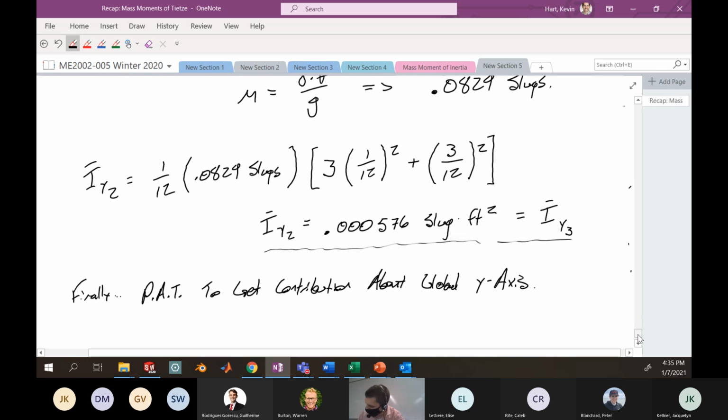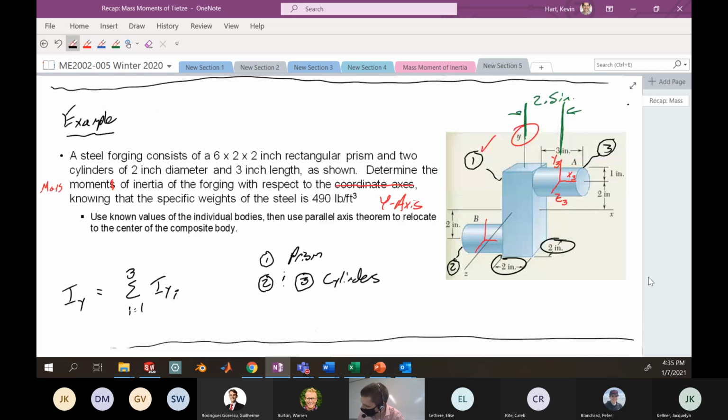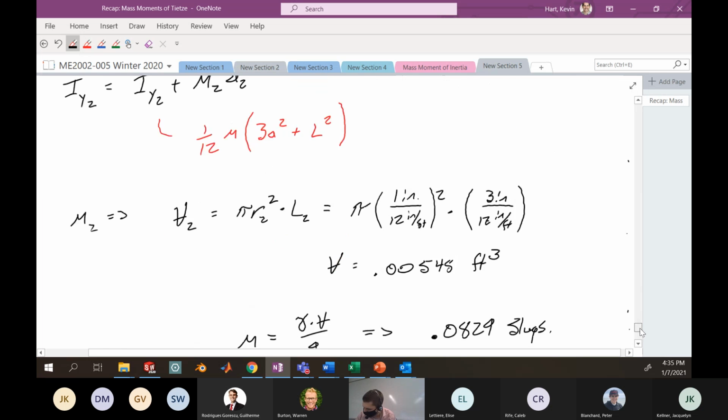And if we remember from our picture way up, the distance both for object 2 and for object 3 between the y-axis of the individual object and the global y-axis for both of these cylinders is 2.5 inches.